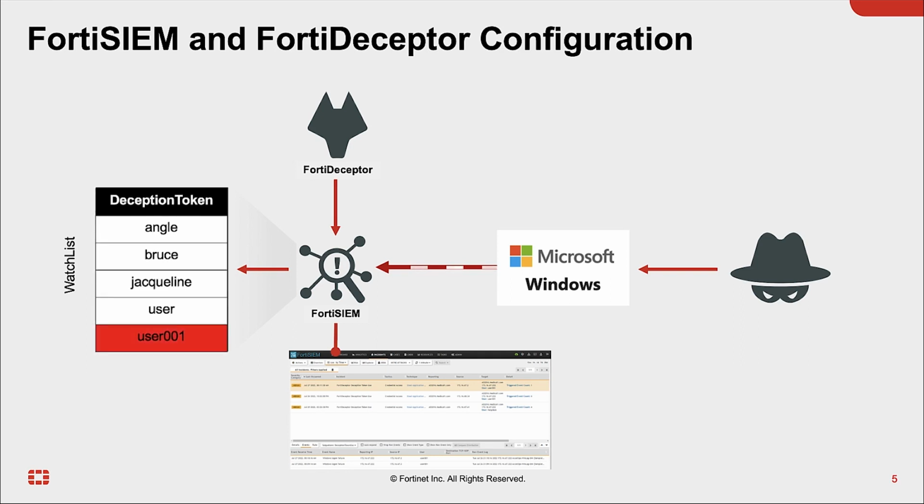FortiSIEM will also update its watchlist, and FortiDeceptor is also monitoring the watchlist for an update. FortiDeceptor will see this change and will then go to FortiSIEM and perform an analytical query in the background, so FortiDeceptor will know that the token's been used and also which endpoint or server potentially has been compromised.